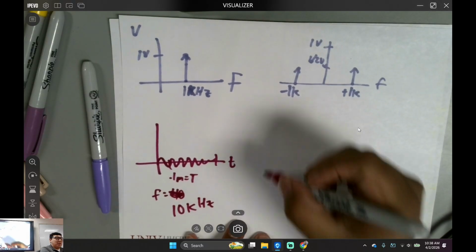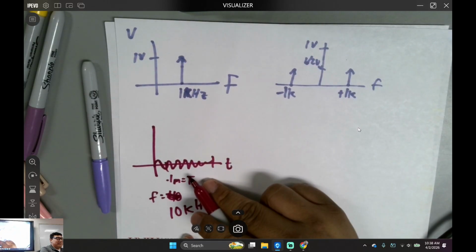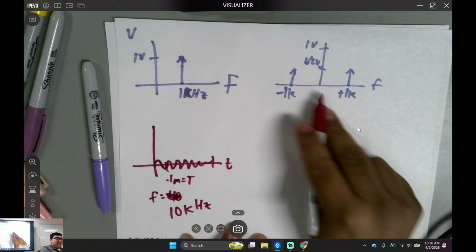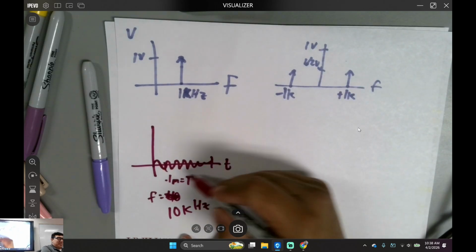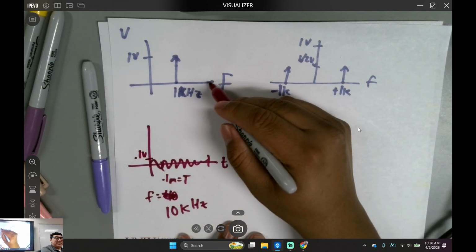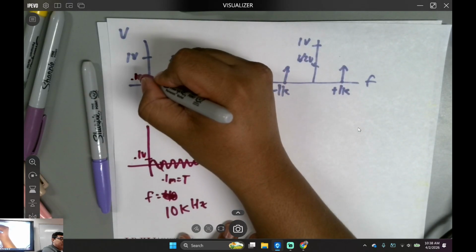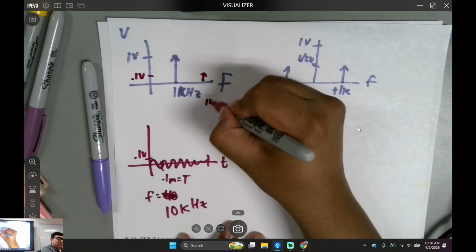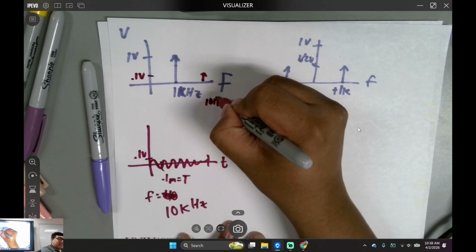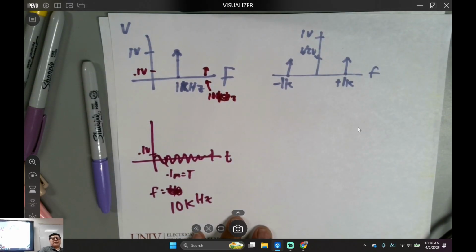So what if I did the following? If I threw this signal and this signal together, here's our spectrometer. If this was 0.1 volt right there, what's it going to look like here? Are you guys understanding what's going on?